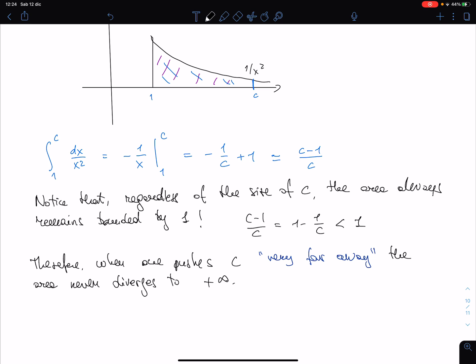This is a qualitative reasoning, but it can be made rigorous by introducing the idea of limit, as usual.